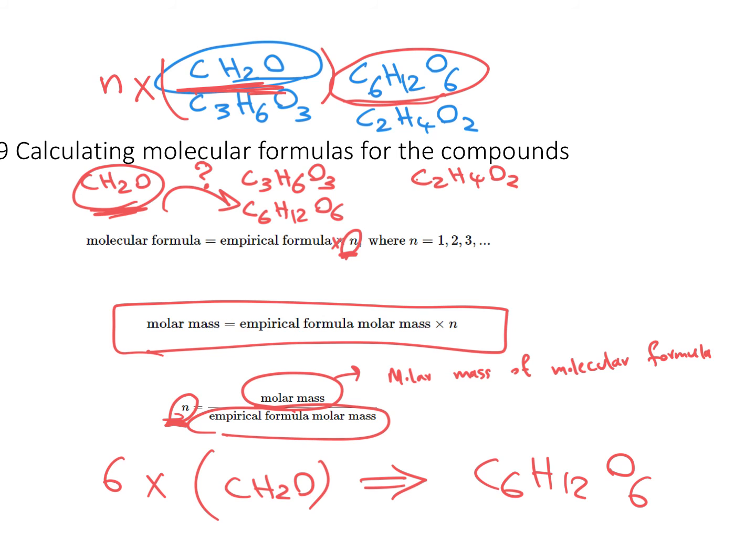And I give you the molar mass of your molecular formula, and then I ask you what is the molecular formula of this compound. Let me write an example here.